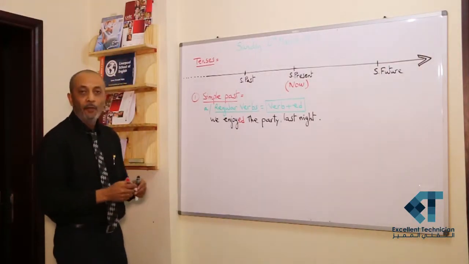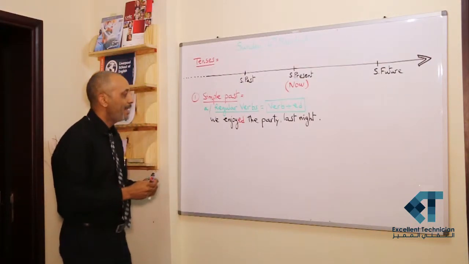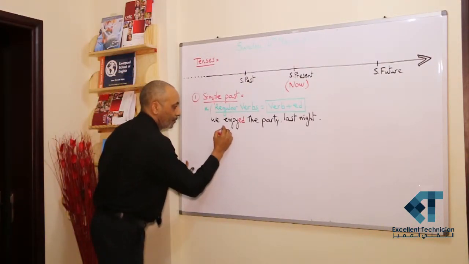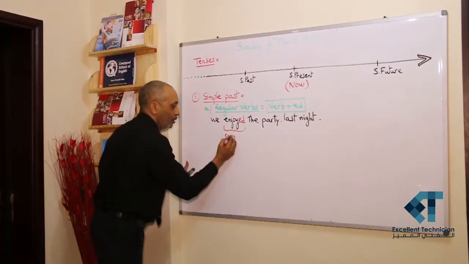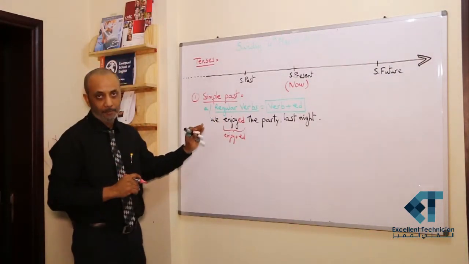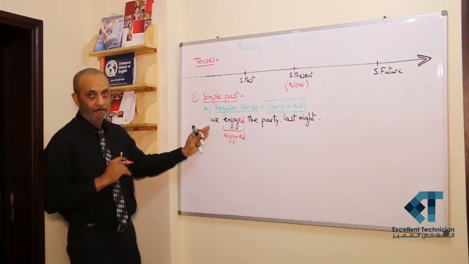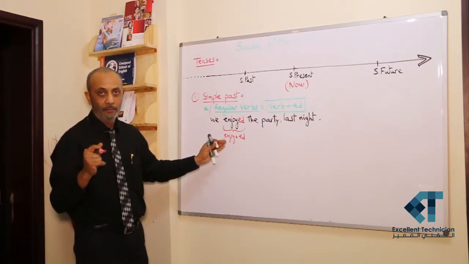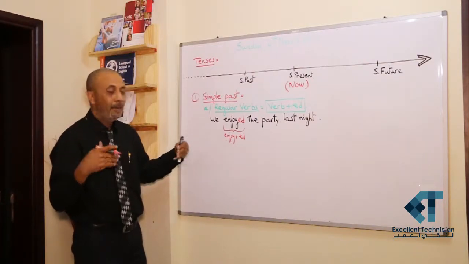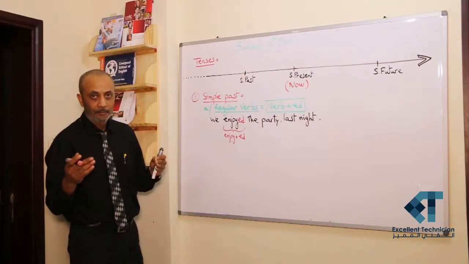Here I have verb to enjoy in the simple past with ed. Enjoy plus ed. This is the past form of verb to enjoy, because verb to enjoy is a regular verb, like verb to watch. In the past, watched, play, played, look, looked.